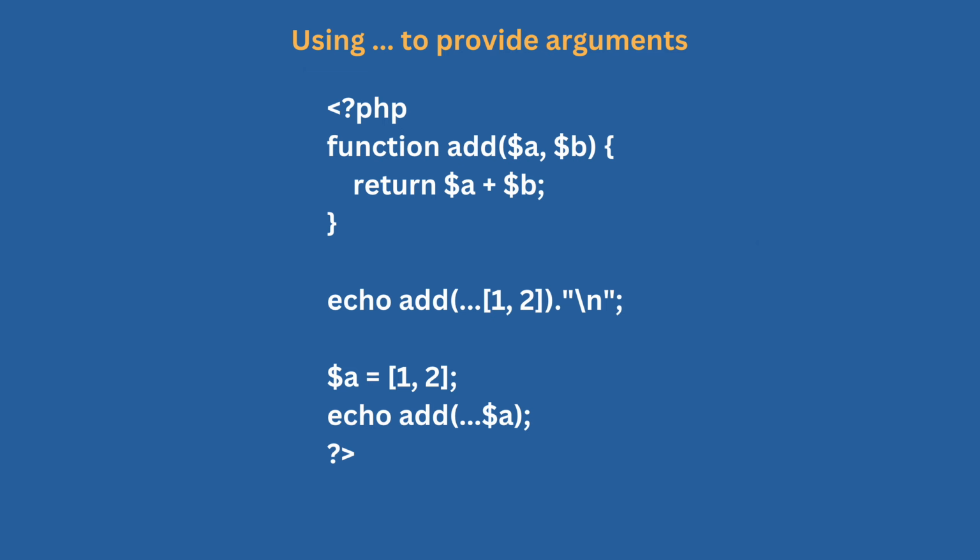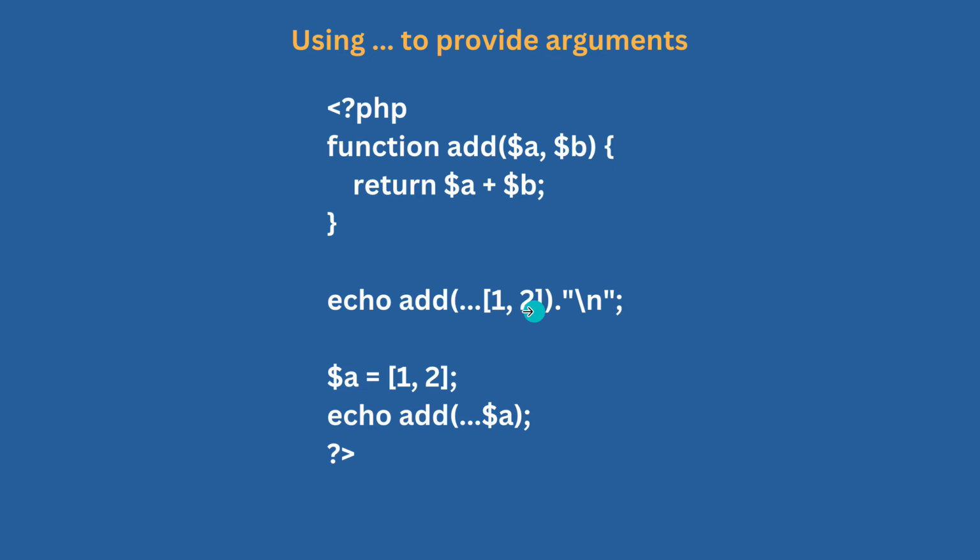Using it to provide arguments. Now same thing here. I have used one function and two parameters are there, right? Here I have given just bracket 1, 2 and triple dot.